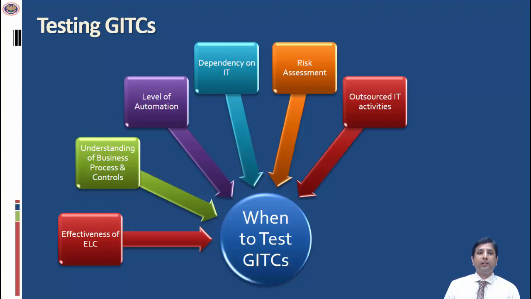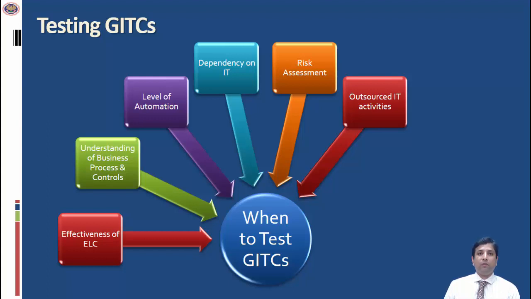Another factor to consider is how many processes or what activities of IT have been outsourced. Today, a lot of companies, especially the large companies, have a tendency to outsource routine IT activities to external firms or external service providers. In this case, where the IT activities have been outsourced, we need to probably start planning our testing of IT earlier, because there is a dependency on an external service provider and we have to factor in testing our controls at the external service provider.